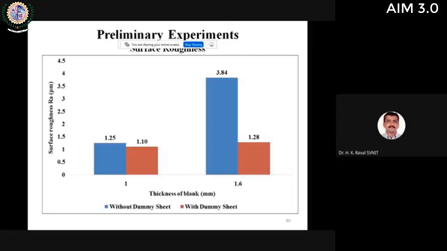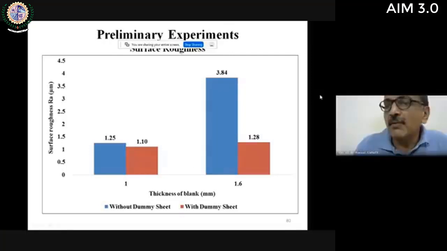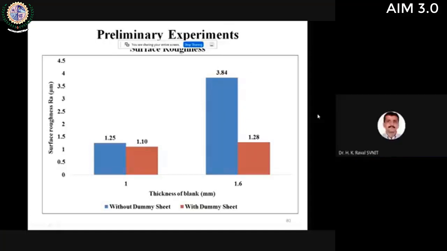Hence, the surface roughness is very good, or I would say the surface finish is very good when a dummy sheet is used. So you can see the red color is the surface roughness value using a dummy sheet, and the blue bar chart is the surface roughness value without a dummy sheet. You can notice the surface roughness is high when a dummy sheet is not used. The thickness 1.6 mm results in more surface roughness compared to 1 mm.